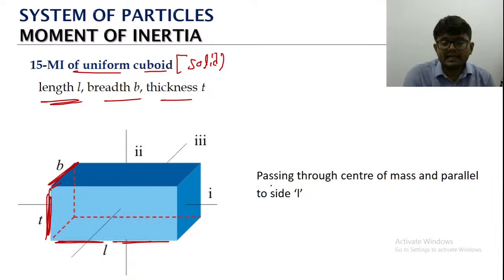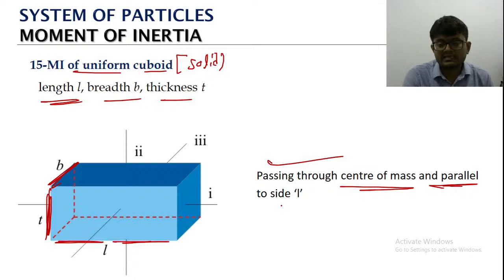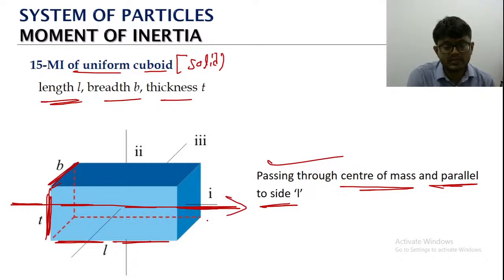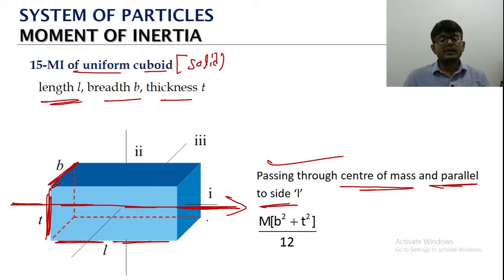If we take the axis passing through the center of mass and parallel to side L, where is the side L? This is the axis we are choosing. For that axis, what is the moment of inertia? M into B square plus T square by 12.